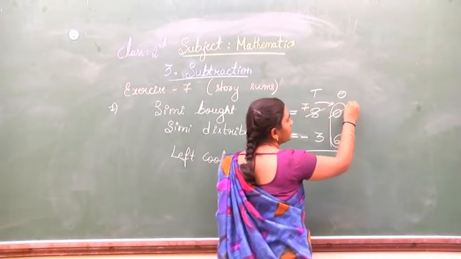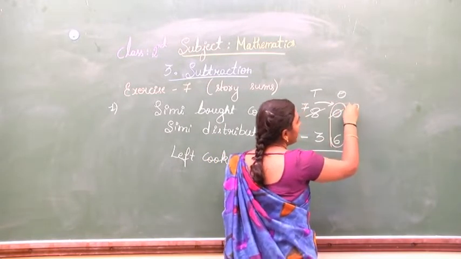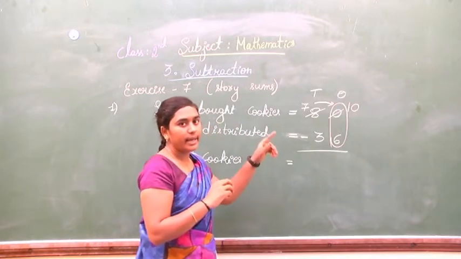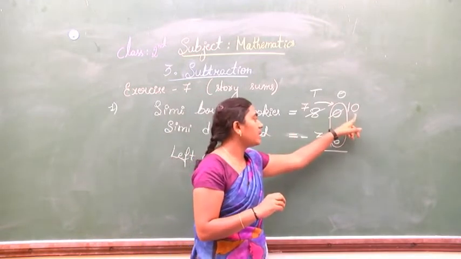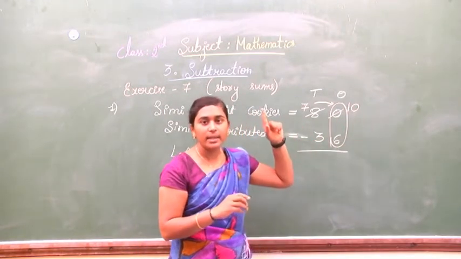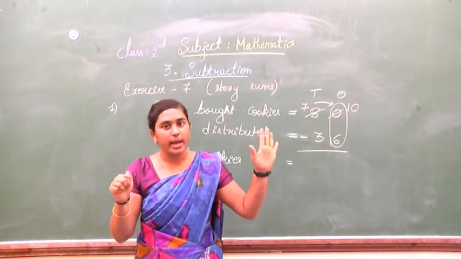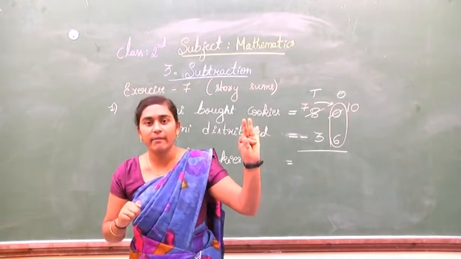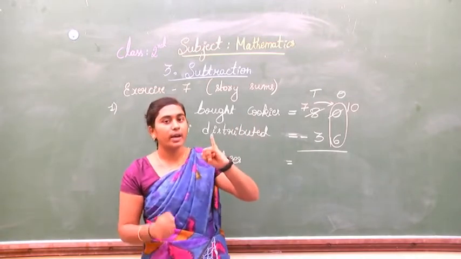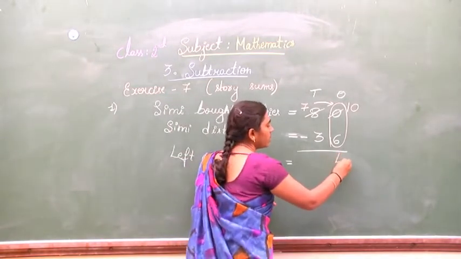So 0 becomes 10. Now subtract 10 minus 6. 10 in the mind, 6 in the fingers: 9, 8, 7, 6, 5 and 4.